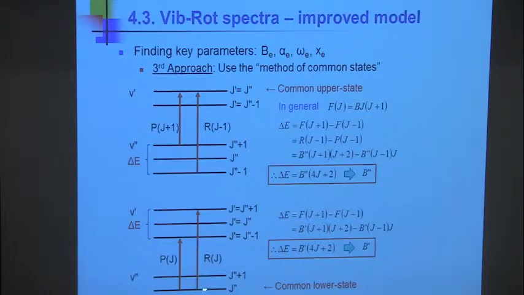Method of common lower states: you imagine the same lower state transition, you go to 2 different upper states. Take the difference in those line positions, and you just determine B prime. So there's a family of different strategies for how you can determine the 4 parameters. Right now, there's only 4 parameters in the spectrum for the positions, and you can do it all.